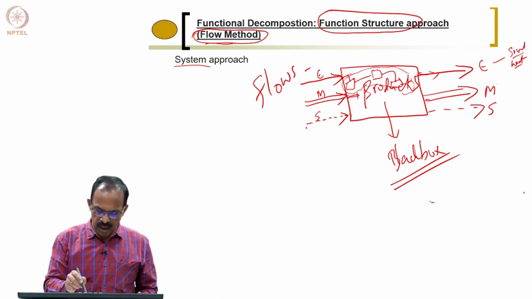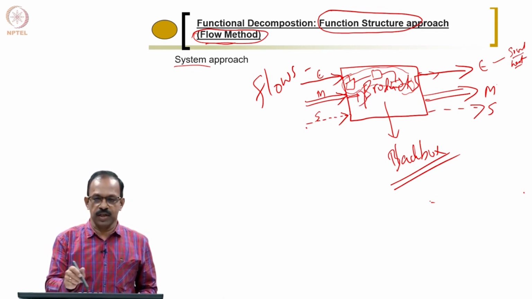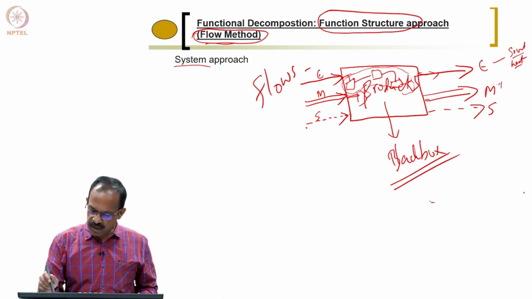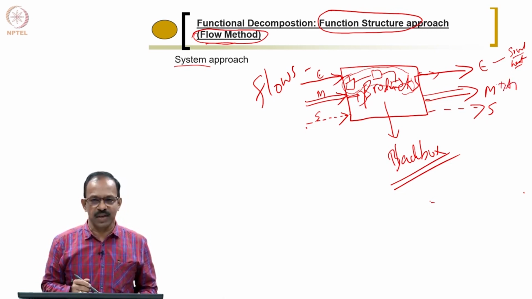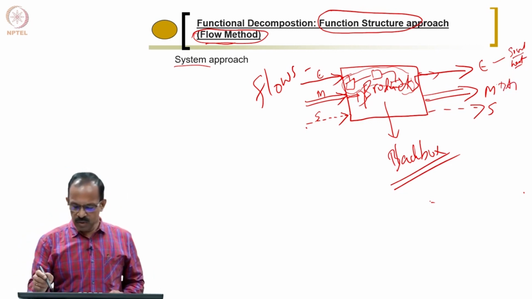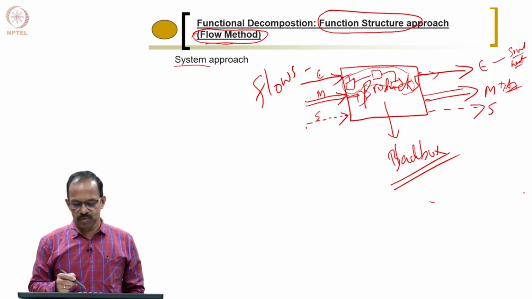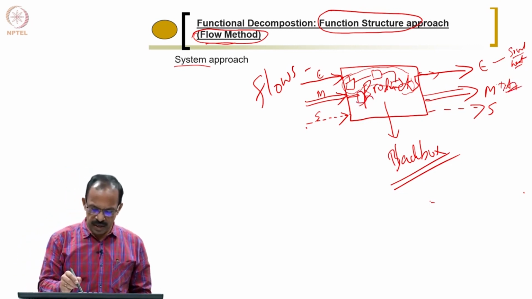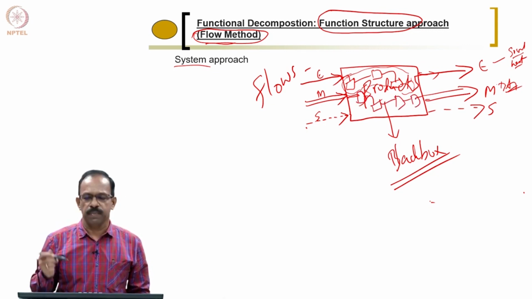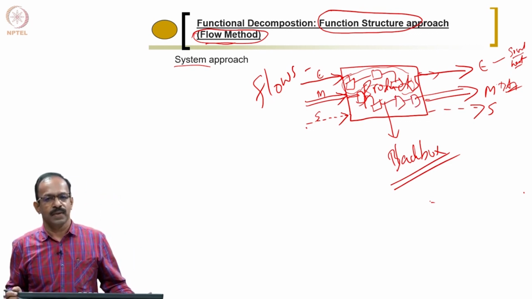Similarly, what is happening to the material? I am giving water and clothes, and then how is it coming out as dirty water? I am giving good water and soap powder, how is it coming out as dirty soap water? So, what is happening inside in order to convert this water into dirty water?